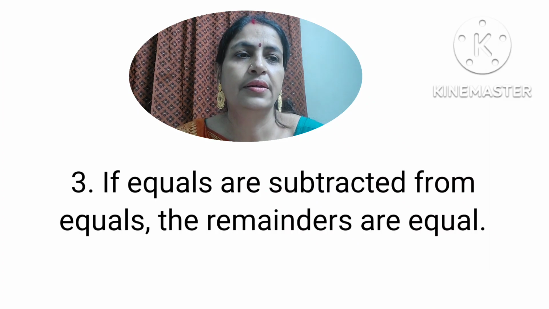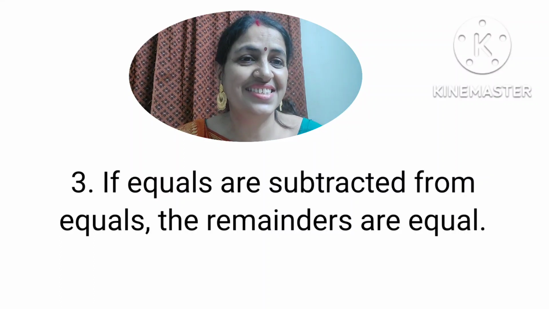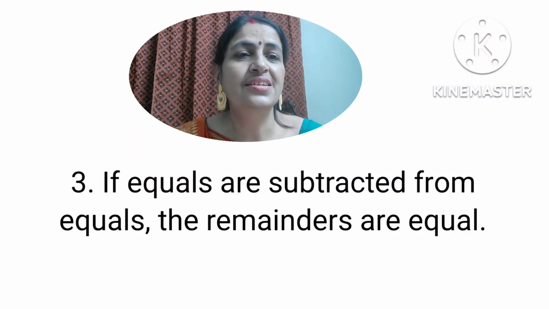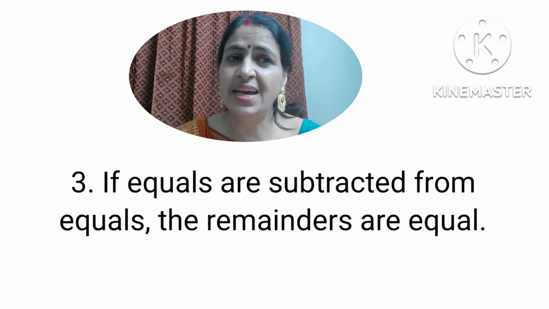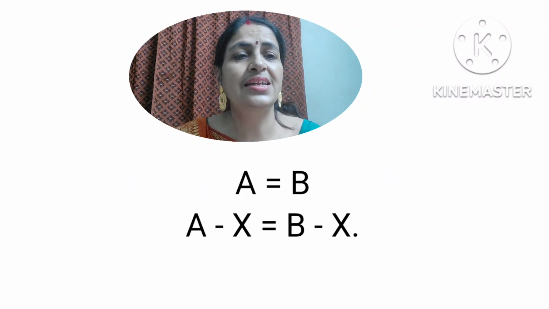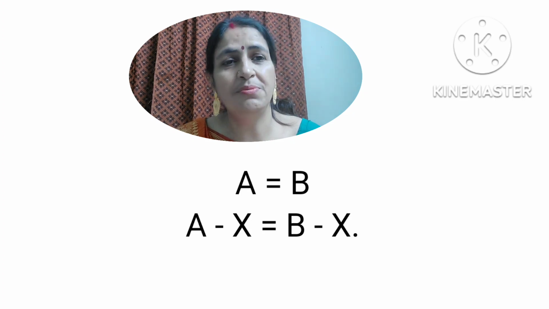Now, third axiom. If equals are subtracted from equals, then the remainders are the same. Like, A equal to B, then A minus X is equal to B minus X.